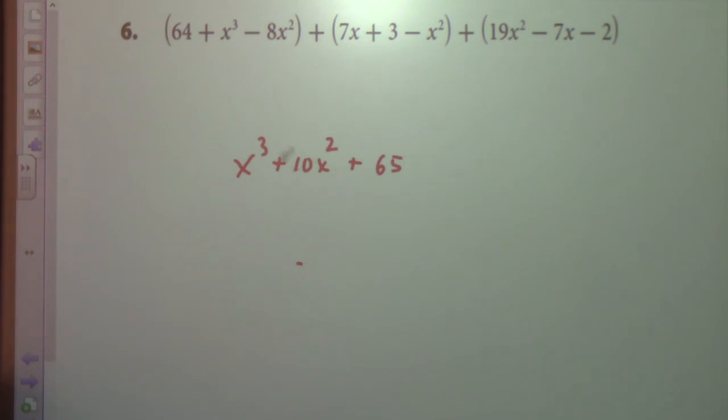Does that look right? This is the only x cubed we have here, so that has to be good, right? Then he has 10x squared. So here's your 19x squared minus x squared minus another 8x squared. So that's going to be 10x squared. And then I said plus 65.